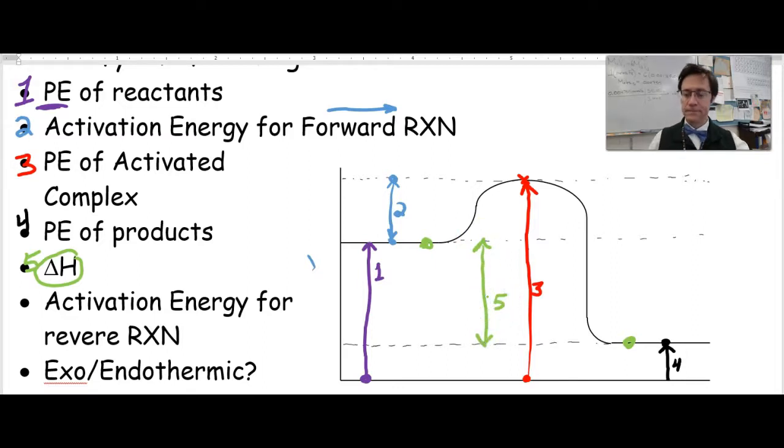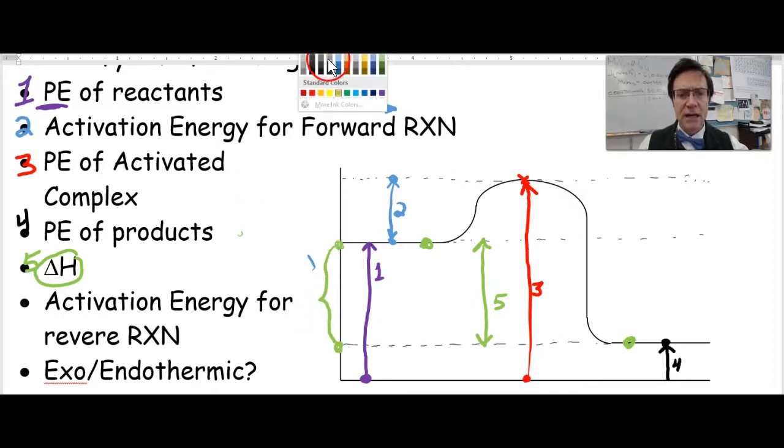There. That's delta H. This energy, the difference between reactants and products, that's my delta H, my enthalpy, my heat of reaction. Right. Nice. Okay, so let's see what other color. Oh, let's do this color.